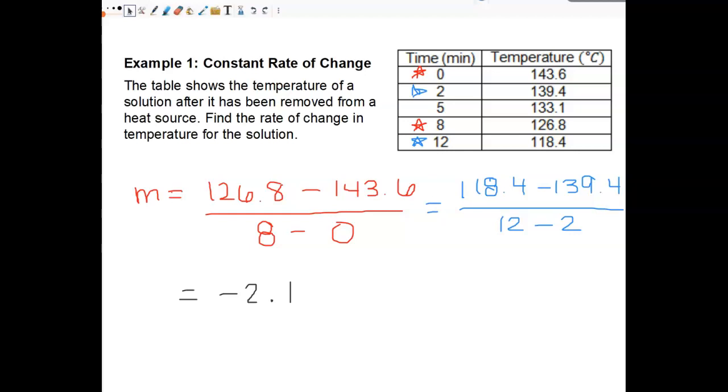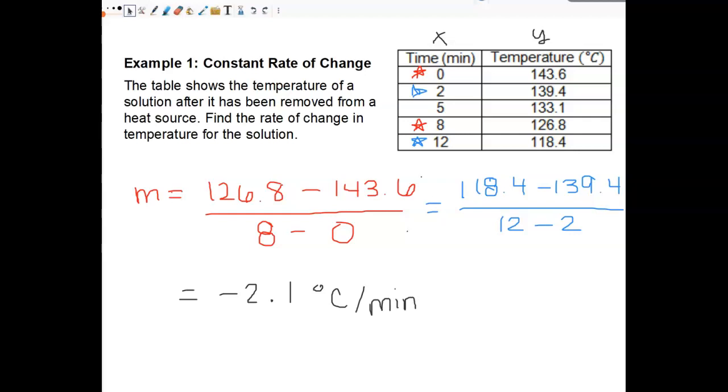And the units for that come from the table. So Y's were temperature, X was time. So it's always Y over X. So it was the change in temperature, which was degrees Celsius, over the change in time, which is minutes.